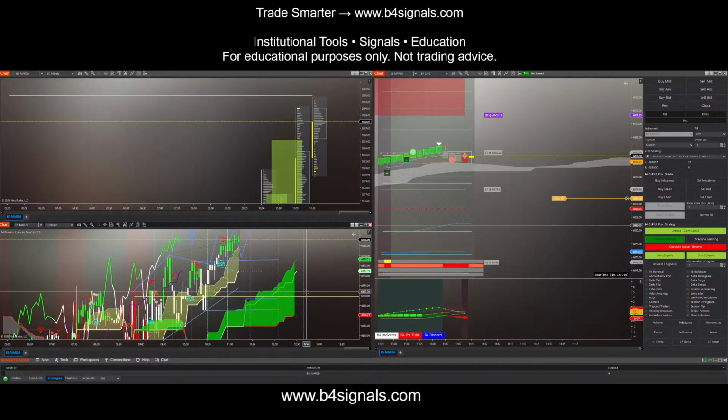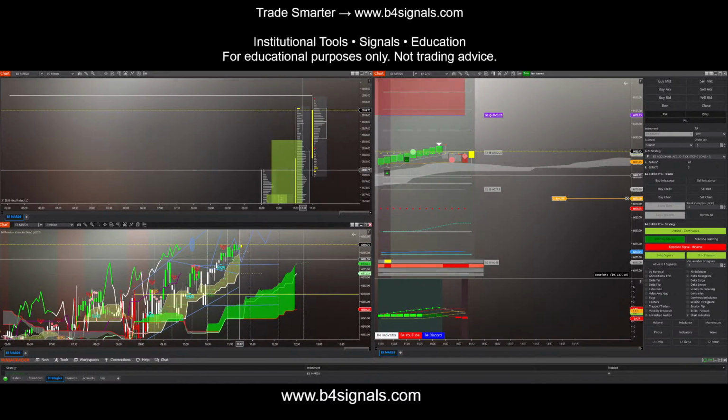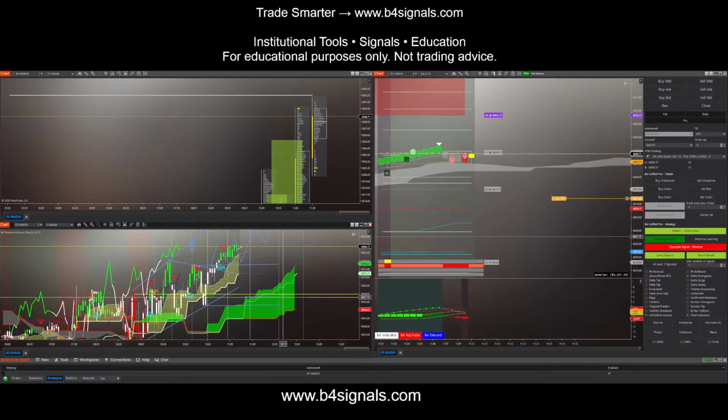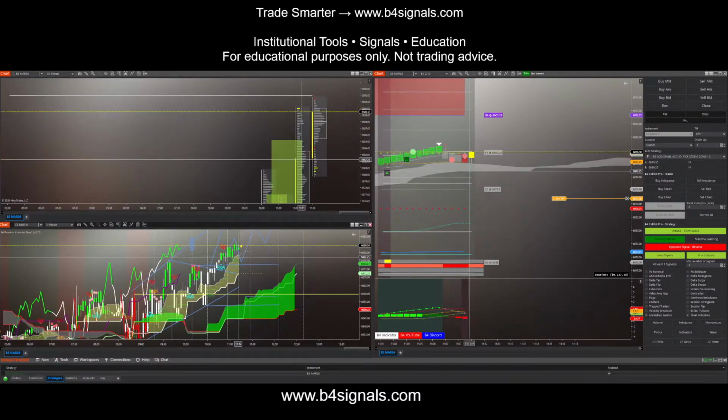Potential for this to move here in about 3, 6, 9 minutes. So probably in the next 6 minutes, I'm looking for some price action to change here. We got a 3-minute chart here. I'm looking for a breakout in the next 6 minutes or so.